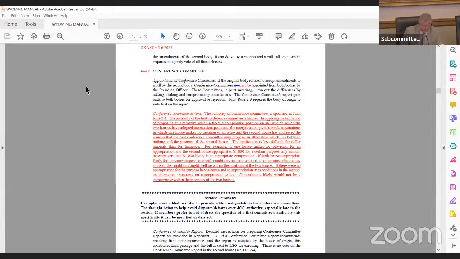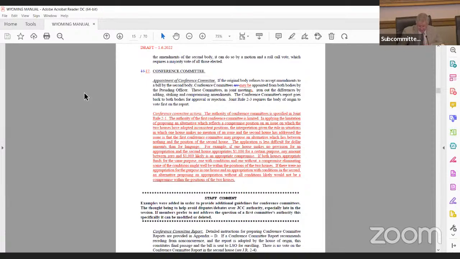And so those are the examples that we put in here. Between having no action and $1,000 lies any number in between. Again, it's precedent, it's guidance, and that's what's been done in the past.